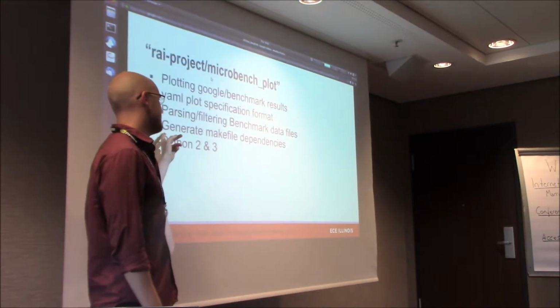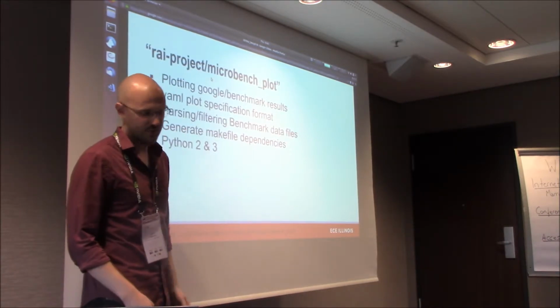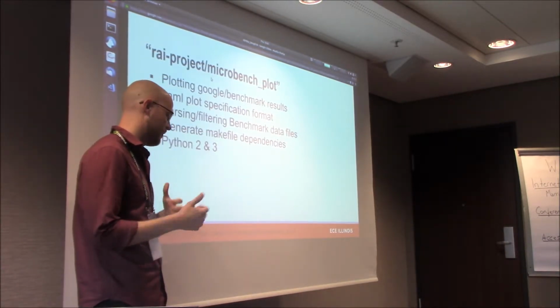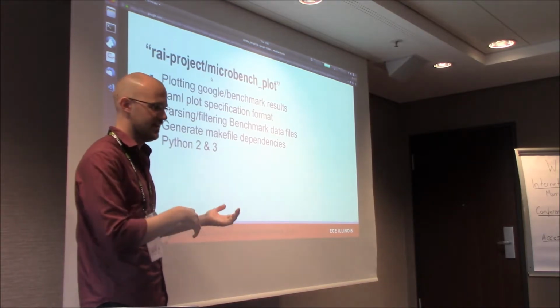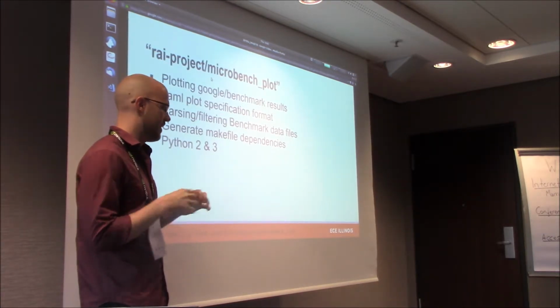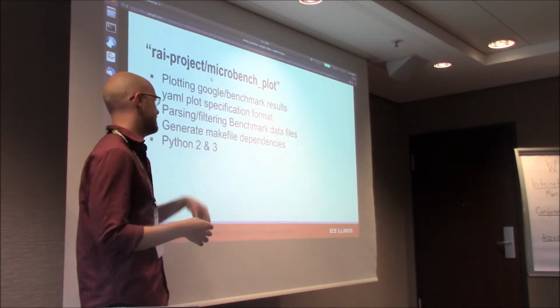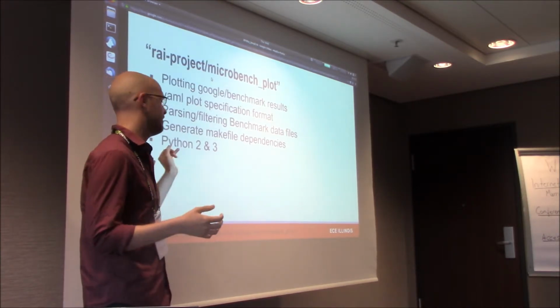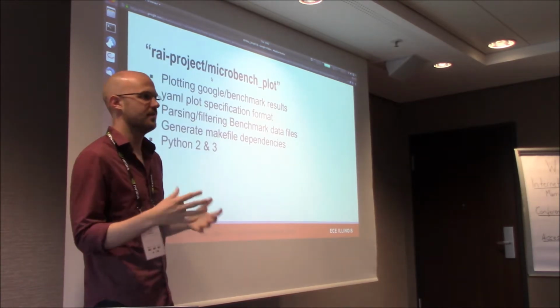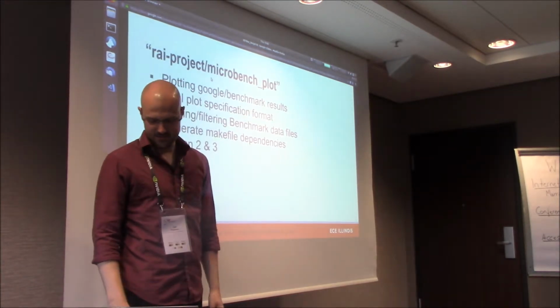It can generate dependencies, so it can be easy to integrate with a makefile. For example, when I'm writing my paper, I include the data files in my paper, and whenever I build my paper with LaTeX, it generates the plots on the fly only if the data files are newer than the plots, that kind of thing. So that's kind of nice.